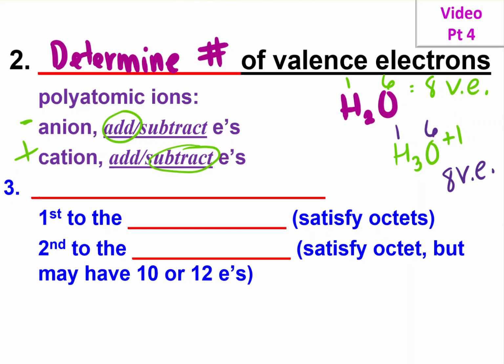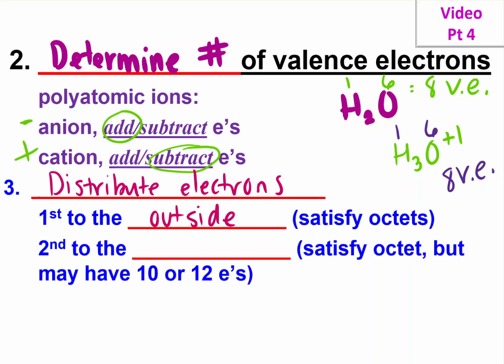Okay, next we need to distribute the electrons. In other words, I'm going to start adding the rest of my electrons on there. First, I'm going to distribute to the outside or surrounding atoms and make sure they have their octet.